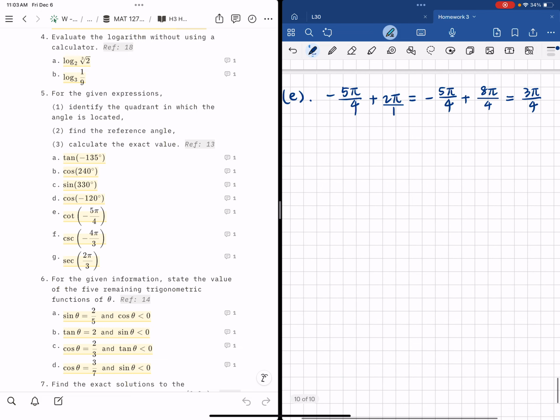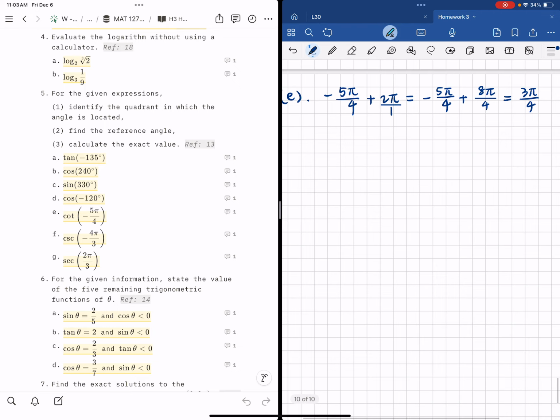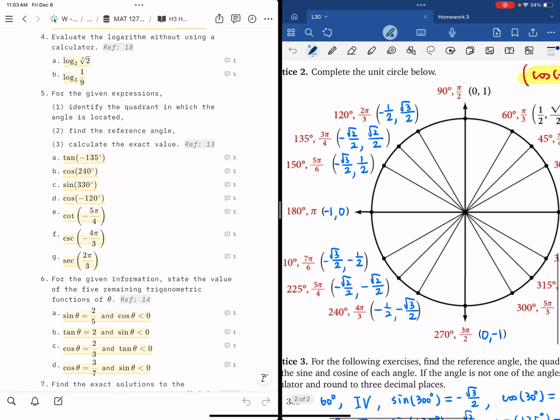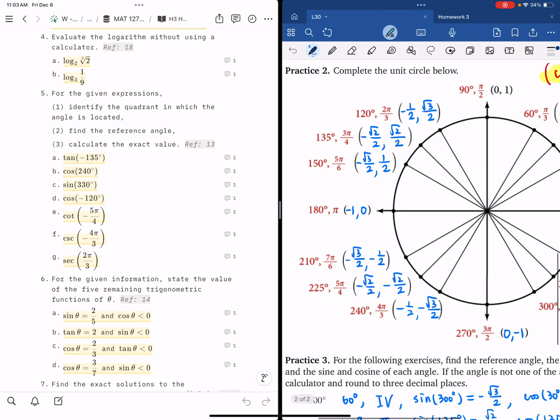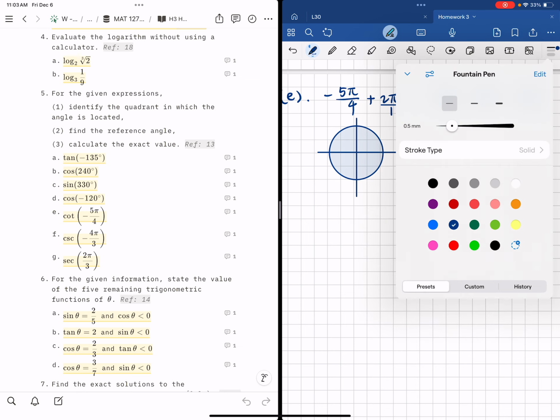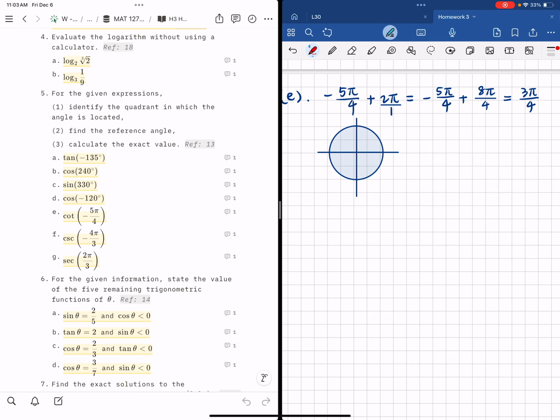And now you should be able to find this angle on the unit circle. 3 pi over 4, which is right here, right? It's in the second quadrant. It's 135 degrees. Actually, let's visualize it first. So I have this unit circle. And then you have your initial side.